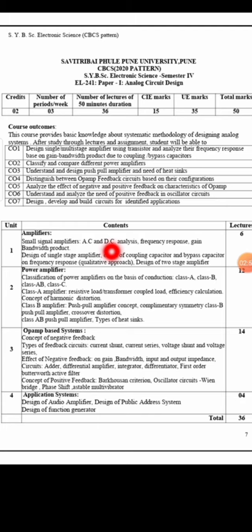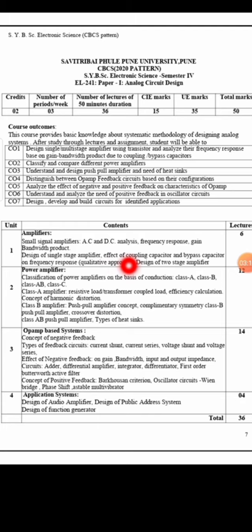Amplifier is a device which magnifies the input parameters and provides the output. Next you have frequency response for the same, gain bandwidth product for the same. In the next topic you have design of single stage amplifier.